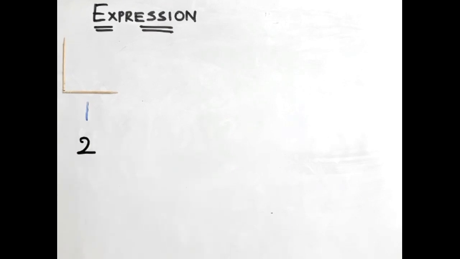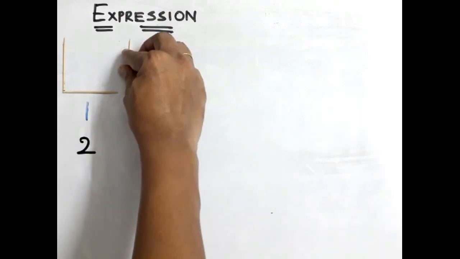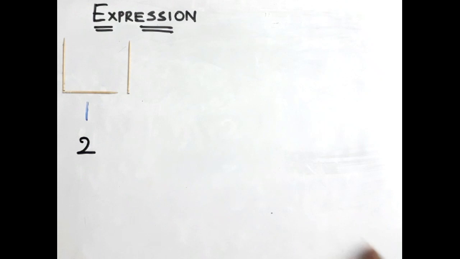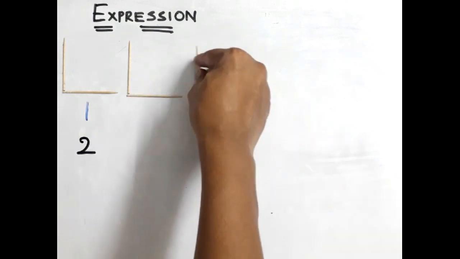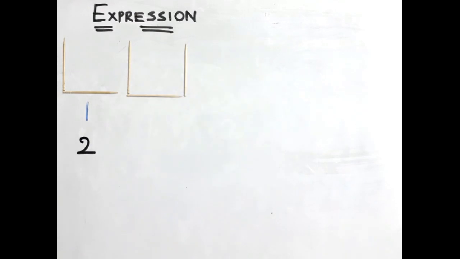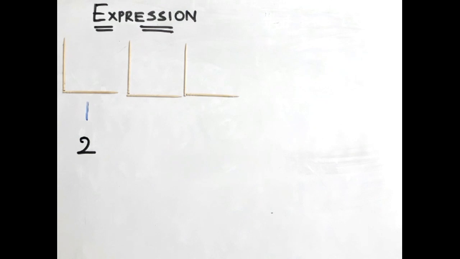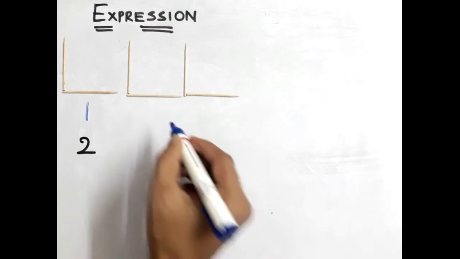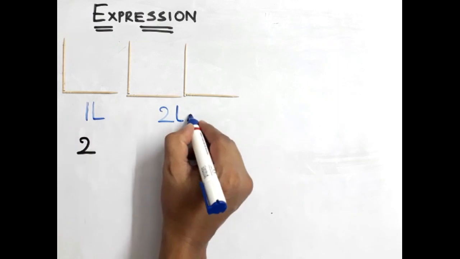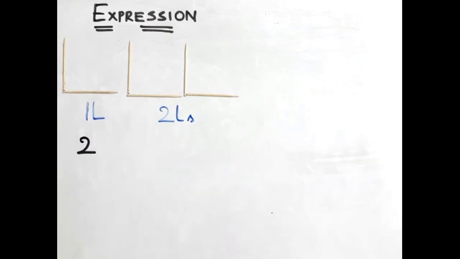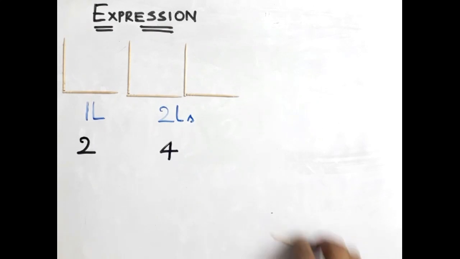Now I want to make 2 L's using the toothpicks. So 1, 2, now 3 and 4. In order to make 2 L's, how many toothpicks were required? 4. Now I want to make 3 L's using the same toothpicks.